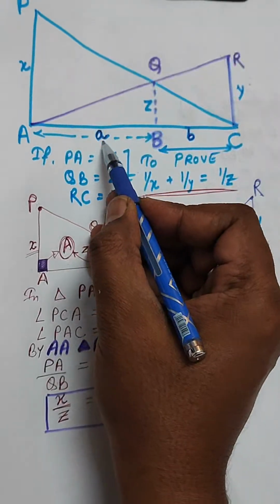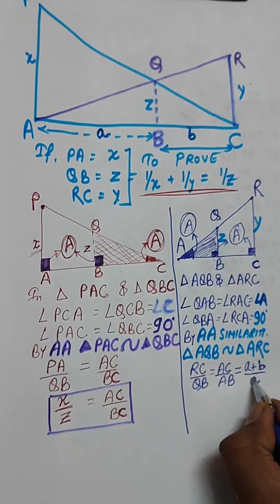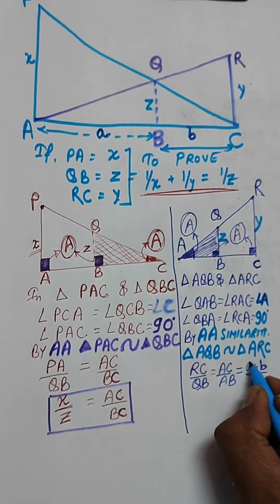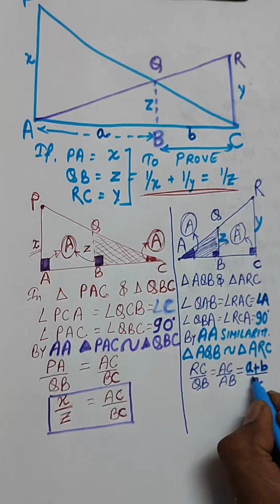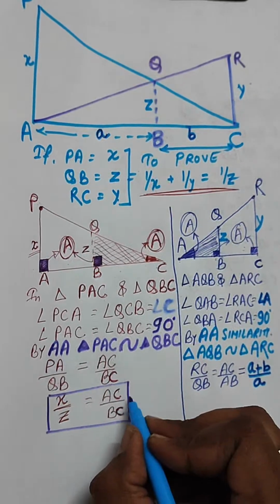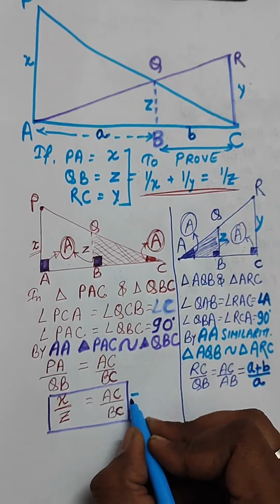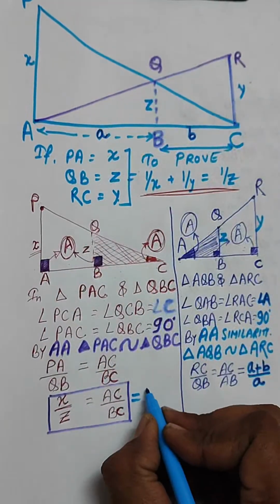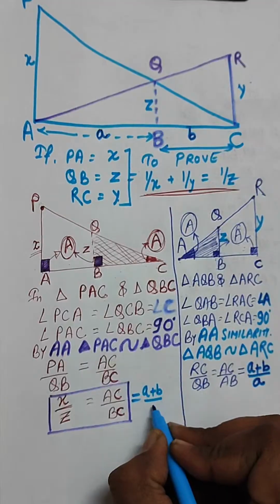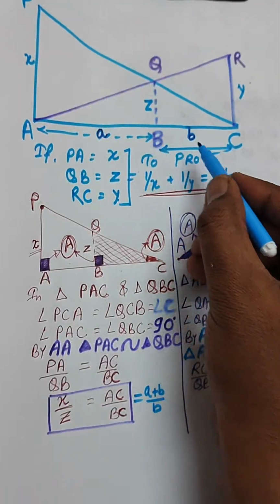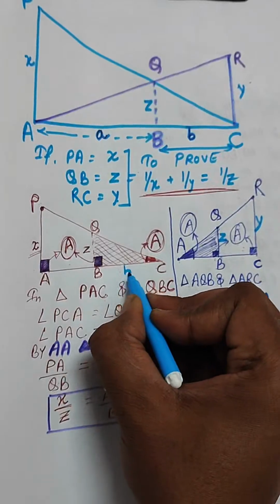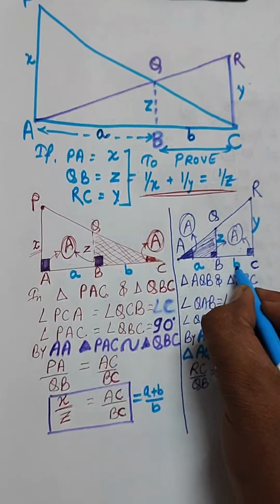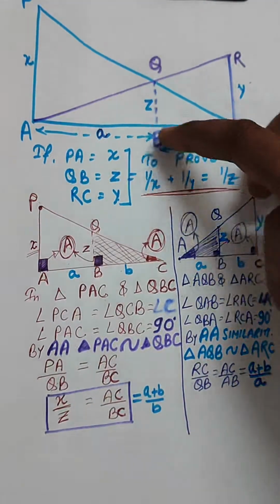AB is a, right? Similarly here also, in the first similarity what we have proved, AC by BC can be written as a plus b by BC, which is small b. Here also this is small a, this is small b. I'm just copying it.